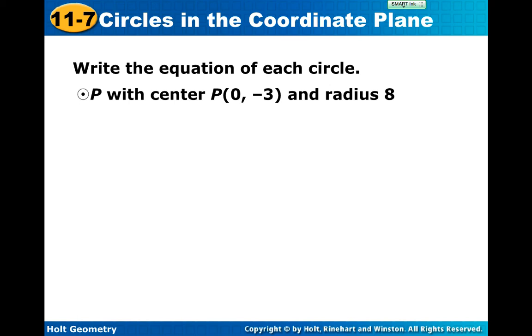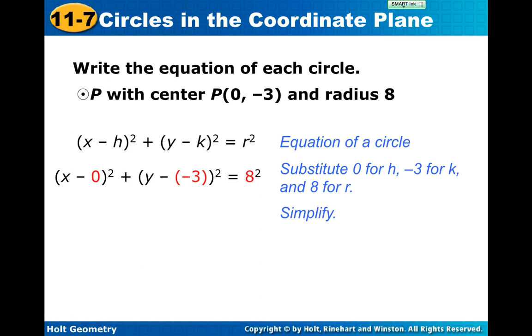You left the same exponent off. And the x minus 0 could simplify to just x. So I think that's what I did when I wrote mine. So I had simply x squared plus y plus 3 squared equals 64. Either way, I wouldn't take off for that. So rather than going to this form, you might just stick with this one. It has the square root off of it.